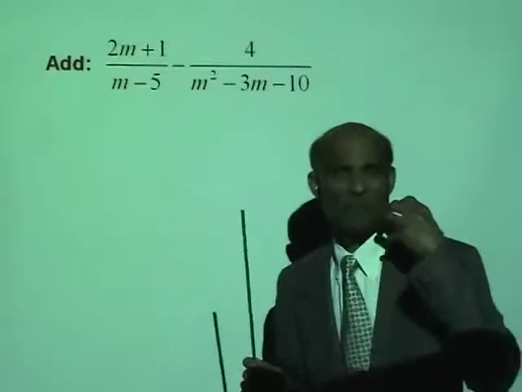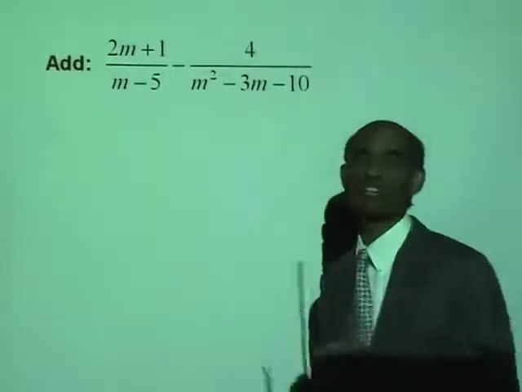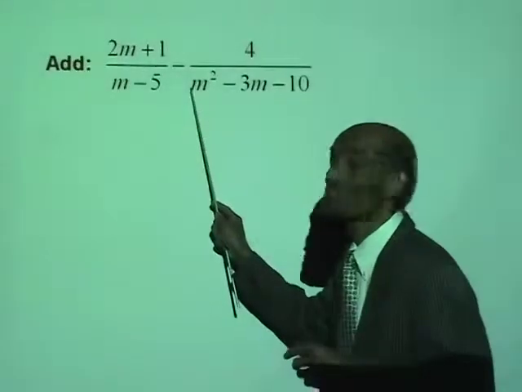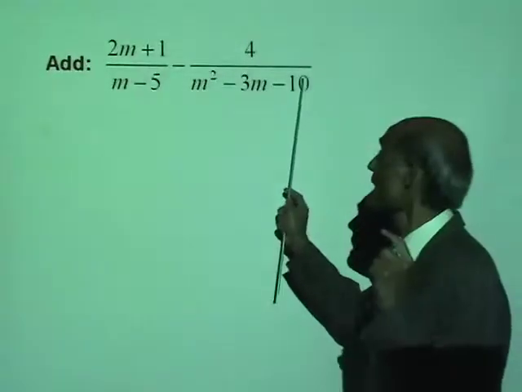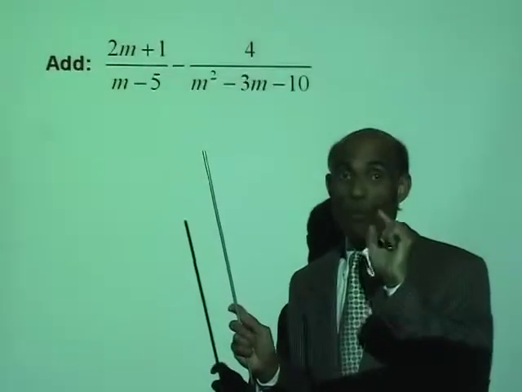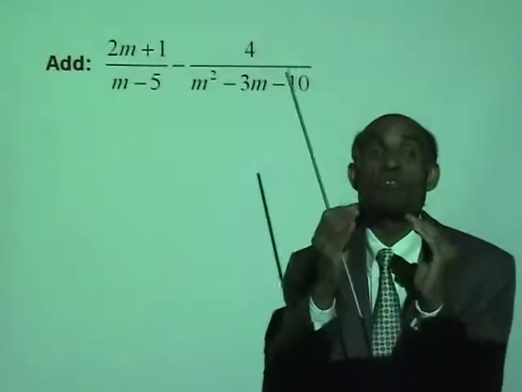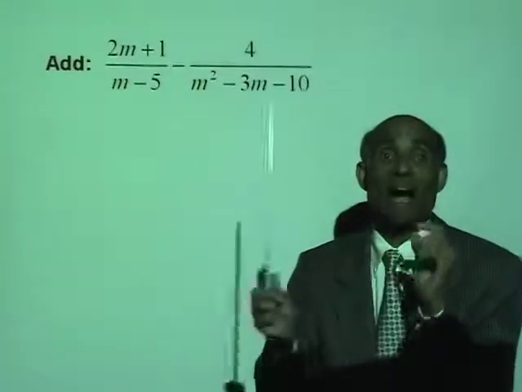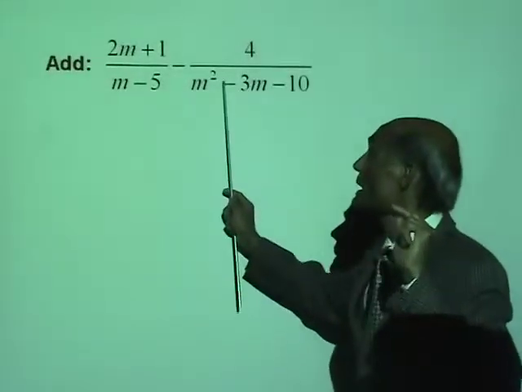We have done enough number of factoring such terms. The coefficient of m squared is 1. That makes it easy. Look at the last term, minus 10. So what two numbers will multiply to give you negative 10 and add to give you negative 3?